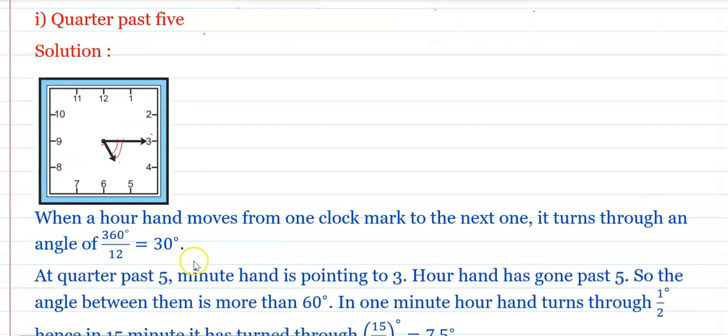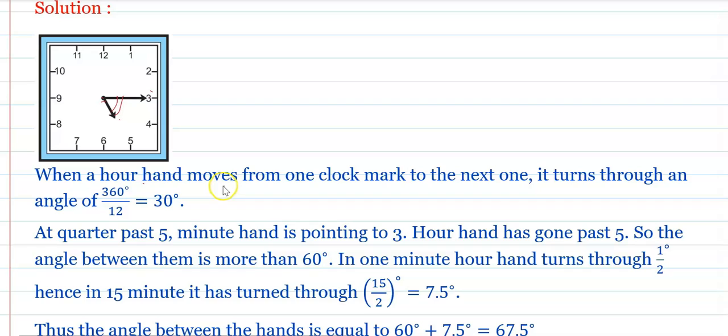Okay, when the hour hand moves from one clock mark to the next one, it turns through an angle of 360 upon 12, that equals 30 degree. That means the hour hand, suppose it moves from 4 to 5, then it will cover an angle of 30 degree, meaning 360 upon 12.